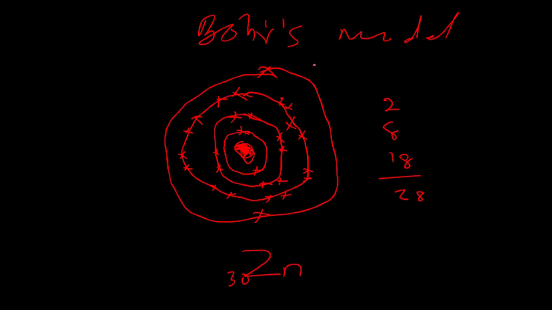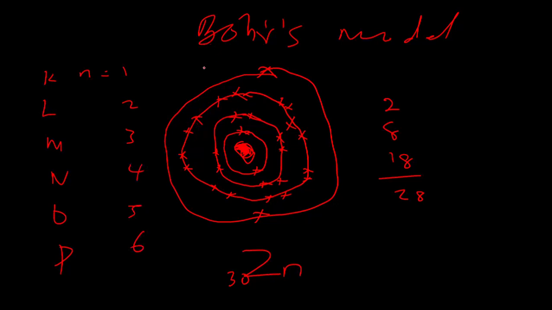So I think I should stop here with the Bohr models. I think these are all you need to know. Electronic configuration. Now we have the K, L, M, N, O, P, etc. This energy level, N is 1, N is 2, N is 3, N is 4, N is 5, N is 6.